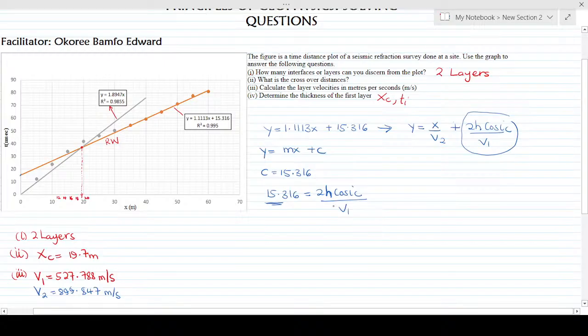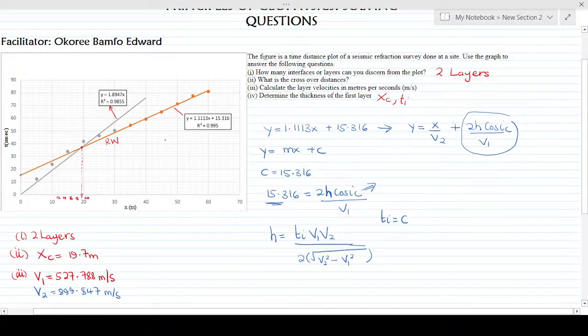There is a simple formula we get when we evaluate this: h is equal to ti v1 v2 over 2 multiplying the square root of v2 squared minus v1 squared. This is the equation we are going to use, and ti is our intercept.